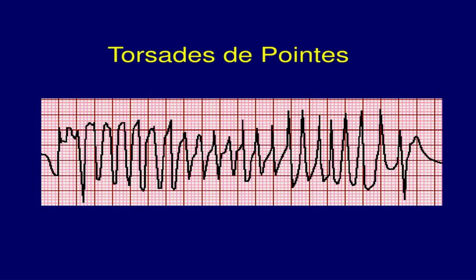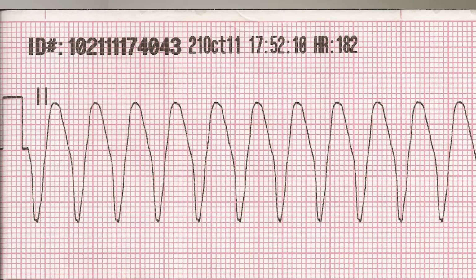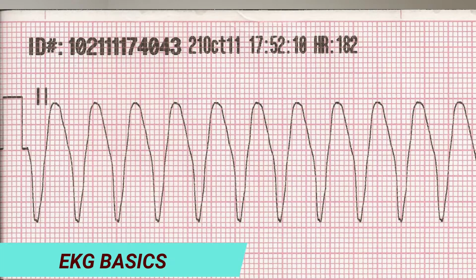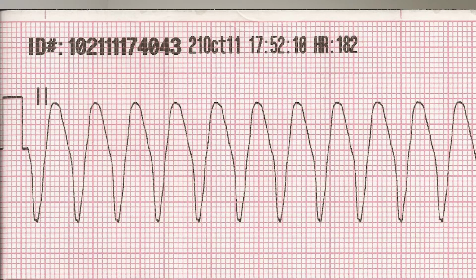When patients are on these medications, they should be monitored closely for prolonged QT intervals, because prolonged QT intervals can lead to torsades de pointes, a form of VTach, ventricular tachycardia. So we don't want patients to develop torsades or ventricular tachycardia.